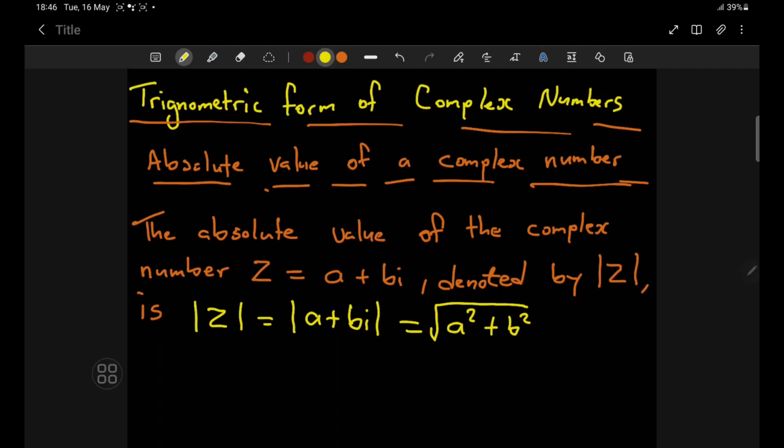The absolute value of the complex number represented by z equal to a plus bi, denoted by the bars, absolute value of z, is equal to, we will square the real part and also square the imaginary part, then everything will be under a square root. And this |z| is the distance from the origin to z.